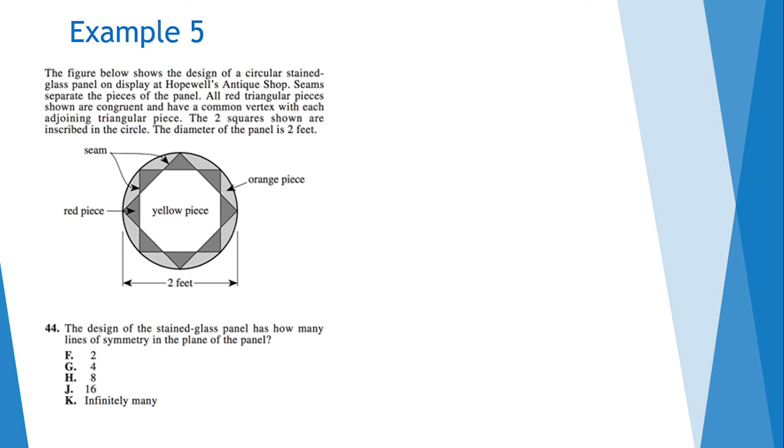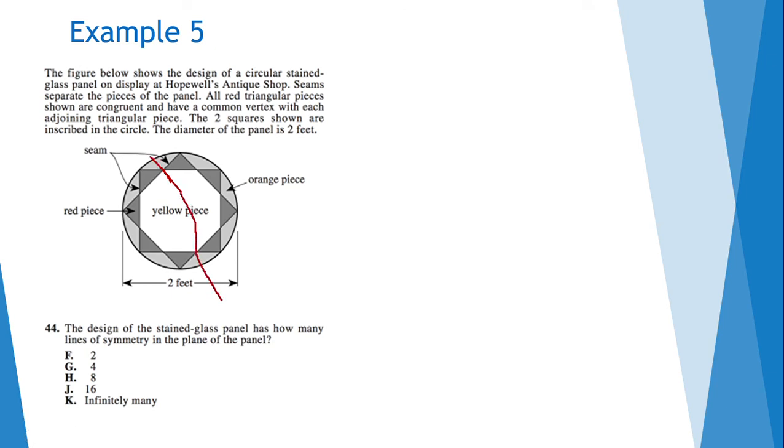I don't really need to know the exact dimensions of each piece. Rather, I just need to go through and mark all the lines. So let's go through this. The first kind of line that I'm seeing is one where I hit between the triangles and I hit between the triangles here. That way we'd end up with 4 triangles here, 4 triangles here, and a half circle on each side.